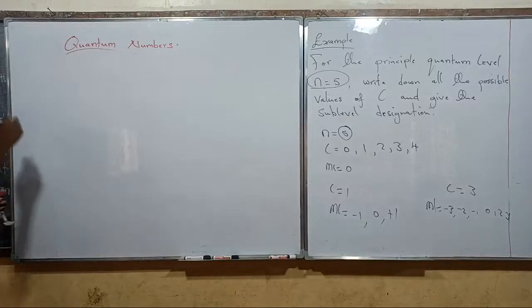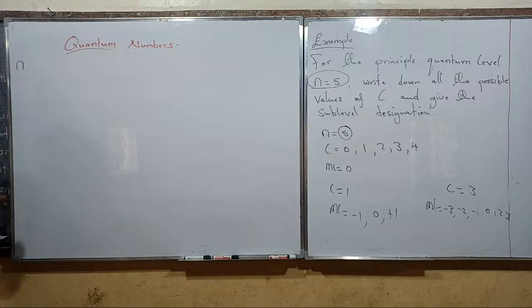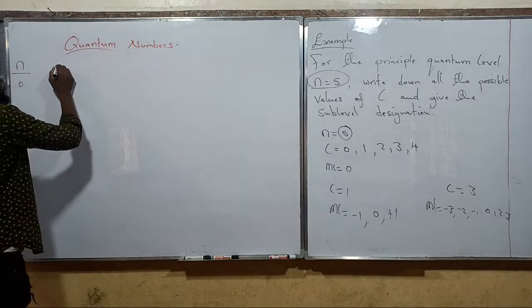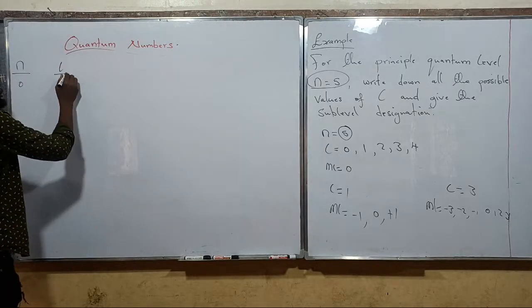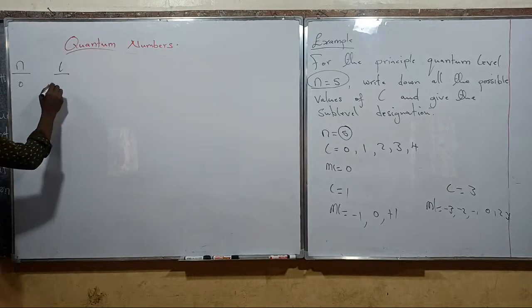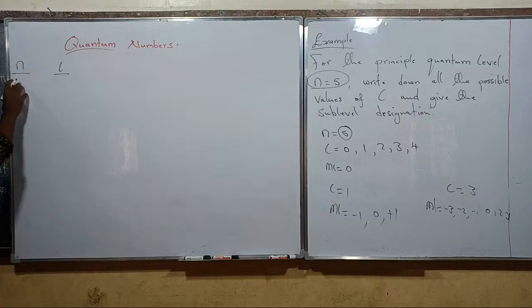So from these three quantum numbers, let's say, for example, for the principal quantum number n, L is the angular momentum quantum number. n can never be 0. n has values from 1 up to infinity.